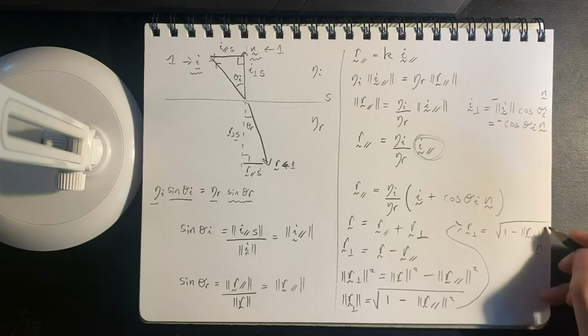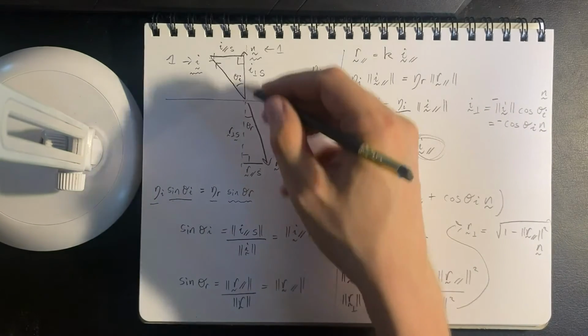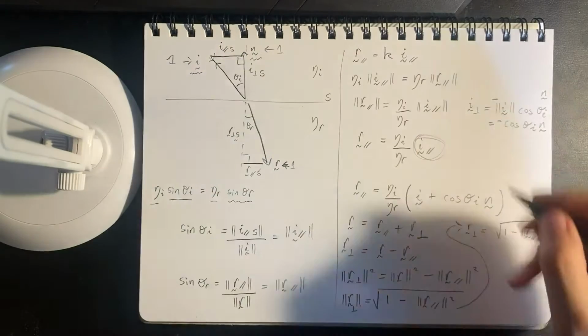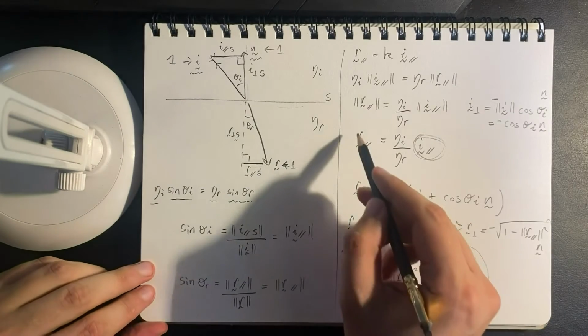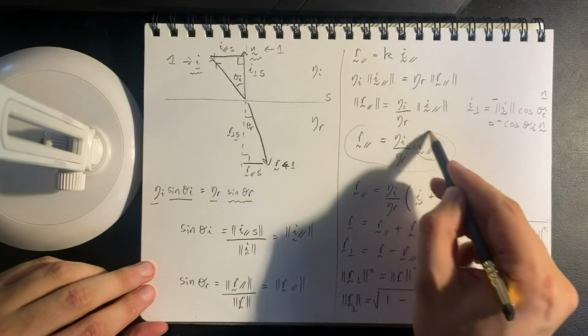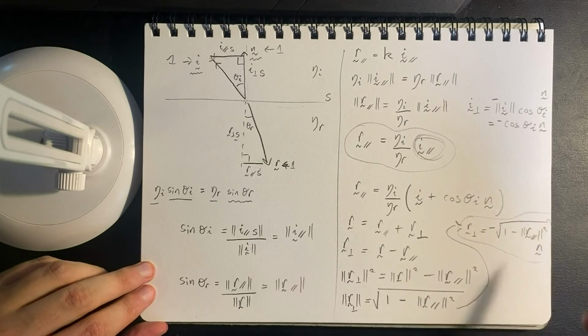This is outside of the square root here. But also it's going to be in the direction of the negative normal. So we have the positive normal upwards, the negative normal will be downwards, and that's why I'll put in that minus there. And so if we look at this, we have an expression for the parallel component of the refracted ray. We have an expression for the perpendicular component of the refracted ray.